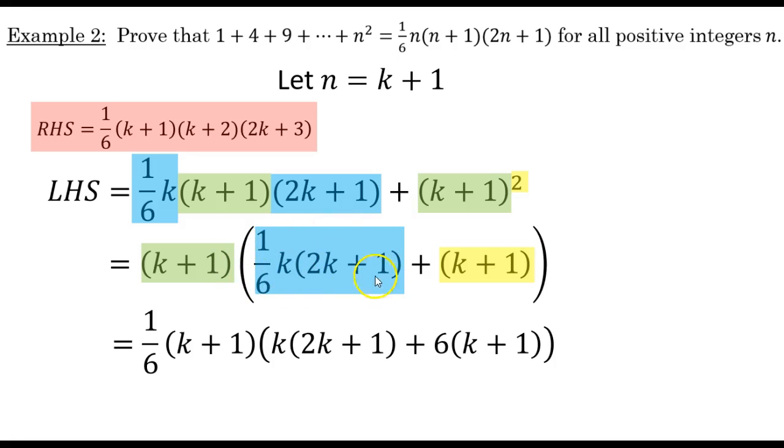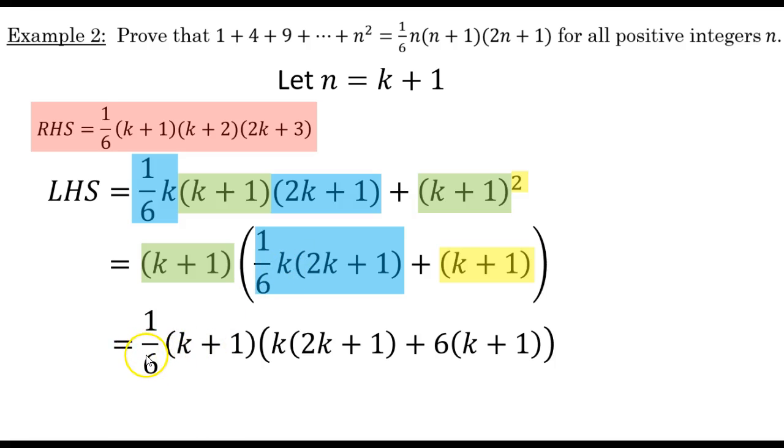So what I want to do is take a factor of 1/6 away from this. I'm going to divide this term by 1/6, which is the same as multiplying it by 6. 1/6 comes out the front. And I want to divide this term by 1/6, or multiply this term by 6, and I end up with this next expression.